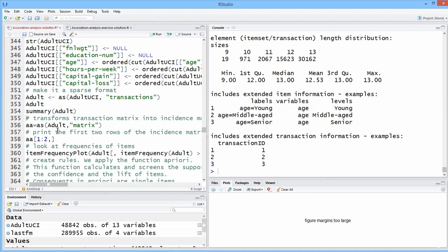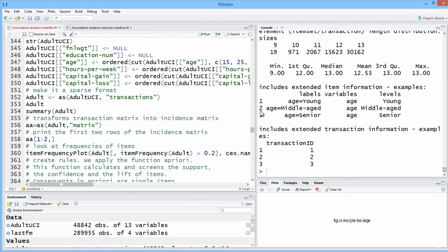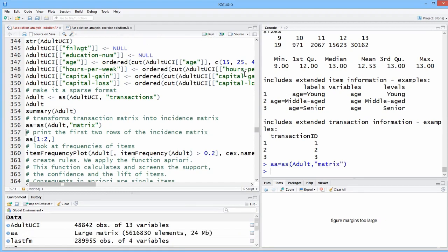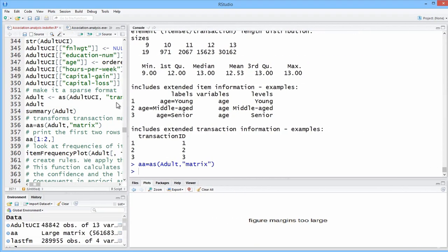So now we coerce it into an incidence matrix, using as again, and let's just look at the first 2 rows of the incidence matrix.